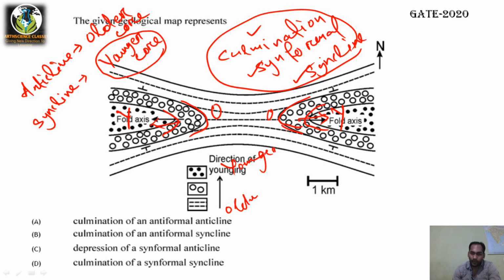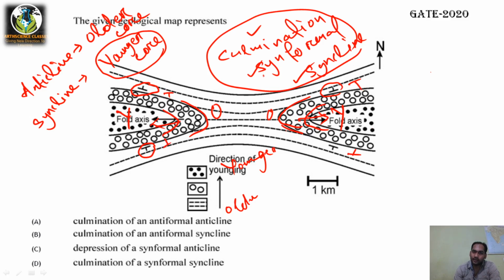Okay, so there is one mistake I think in this question, which is this one. Because it is a synform, the limbs should be like this, right?